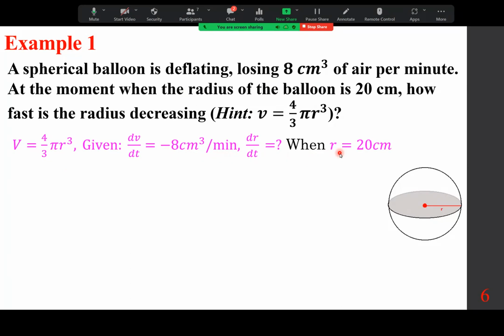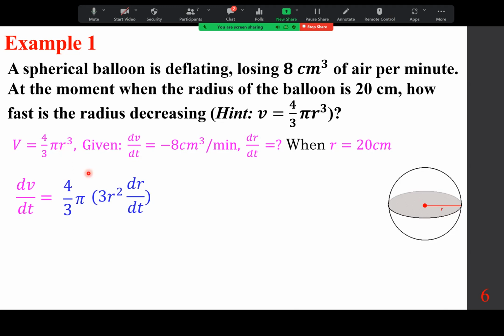So what we are going to do is differentiate this with respect to t, because in related rates, the only independent variable is t. When we differentiate, 4/3 pi is a number and it doesn't change. r cubed is the only variable, and when we differentiate that it is 3r squared, since it's a function of t by the chain rule, times dr/dt.